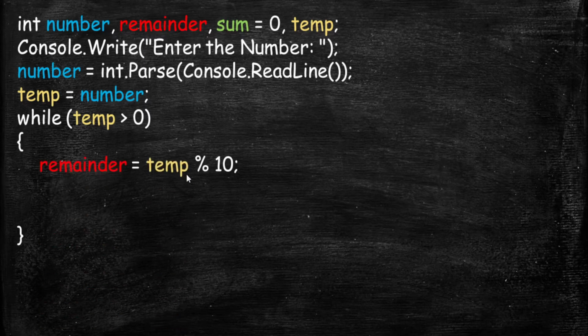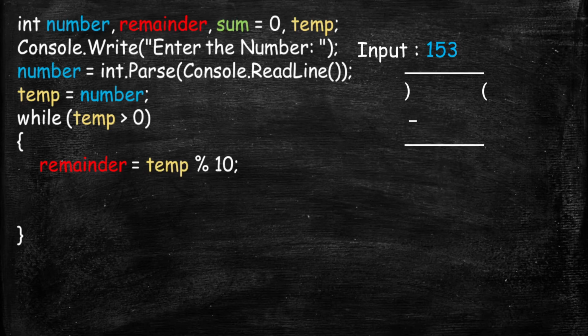Then we have this line of code which we are using to get the remainder of the number. Basically, this line of code gets the last digit of the number. For example, if the user has entered number 153, this line of code will get 3, the last number. Basically what this line of code is doing, it's dividing the temp number, for example 153, by 10.